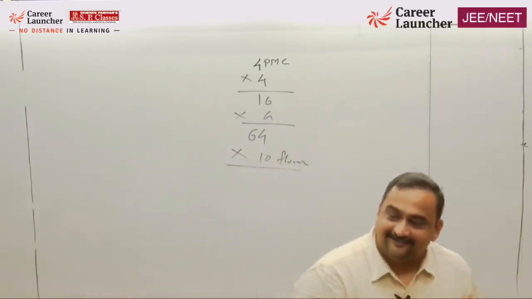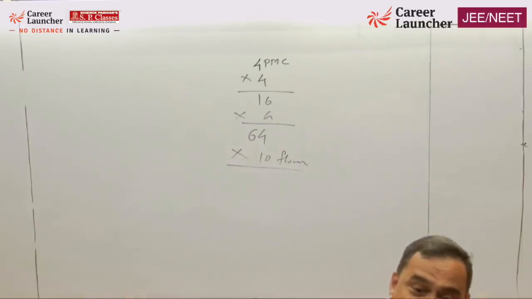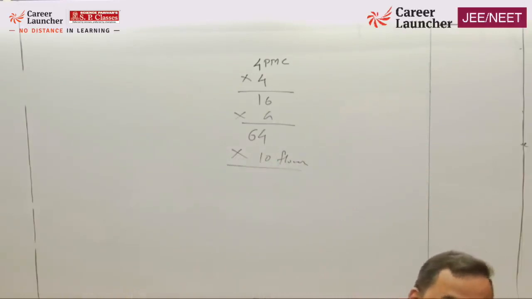But inside a pea plant there are 10 stamens. Pea plant क्यों दिया?